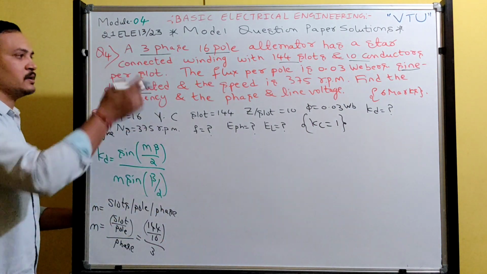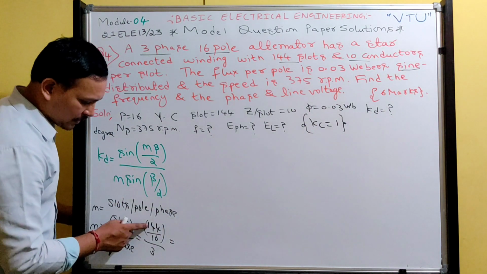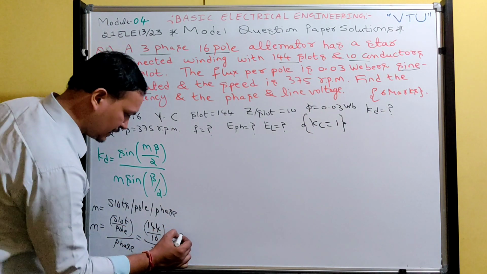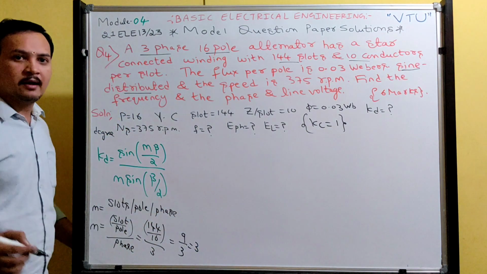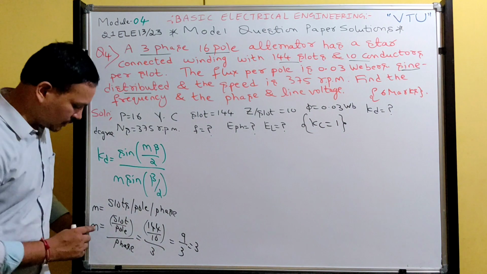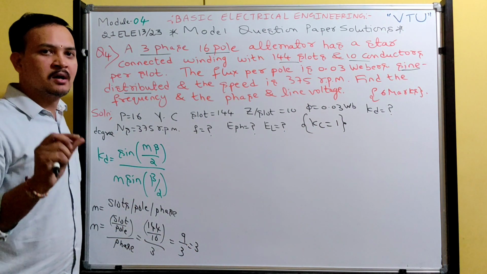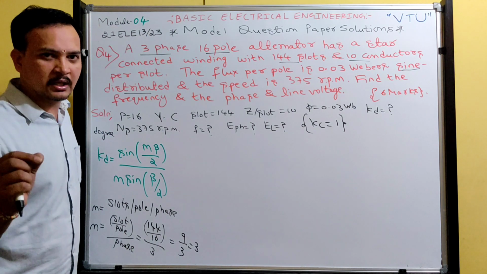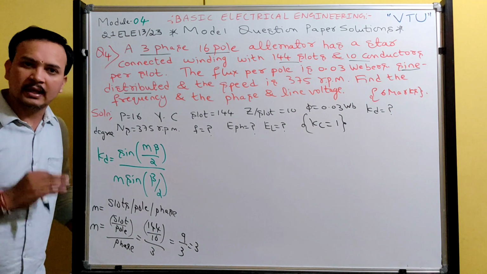If they give 5 phase, take 5, but they will give 3 phase only. Now 144 by 16 is 9. 9 by 3 is 3. They will give data in such a way that you get an exact integer m value, not 3.33 or 4.5.